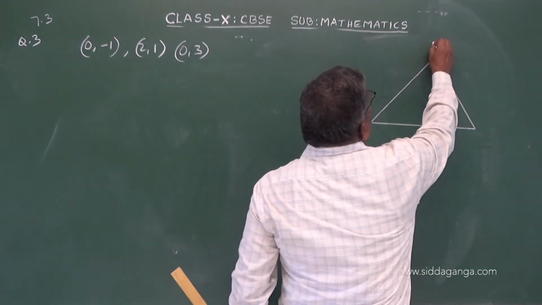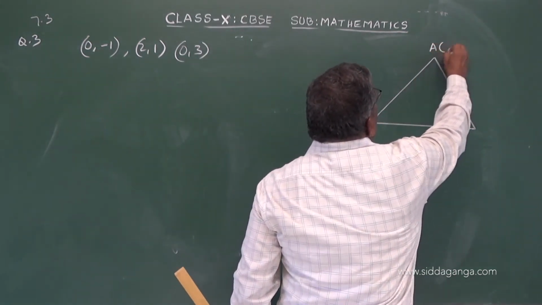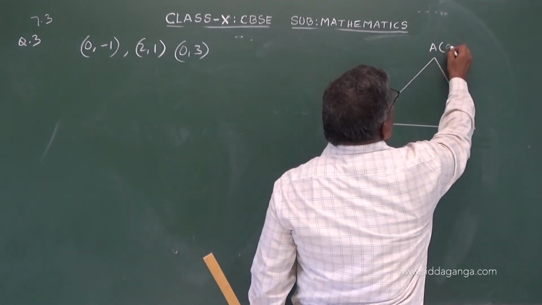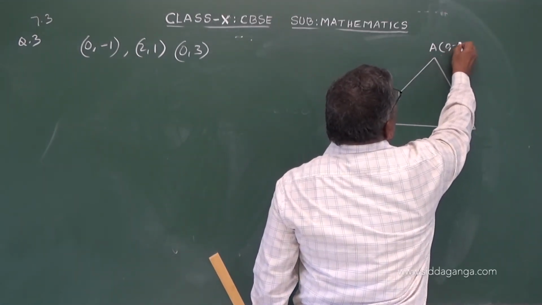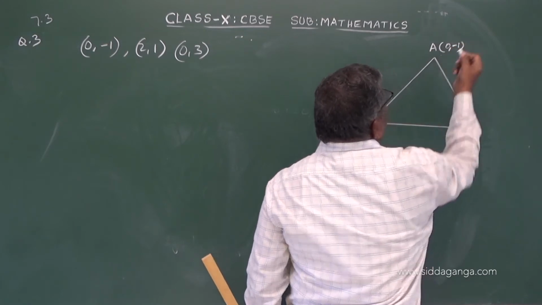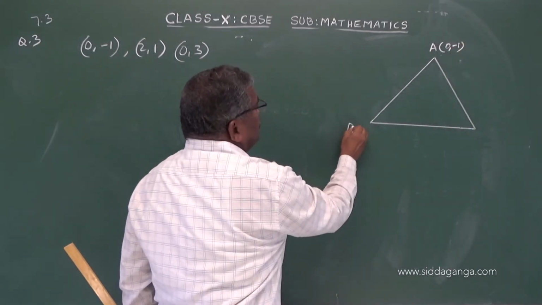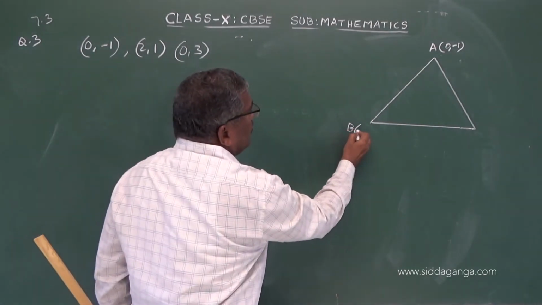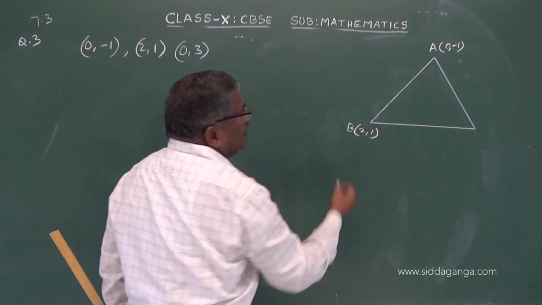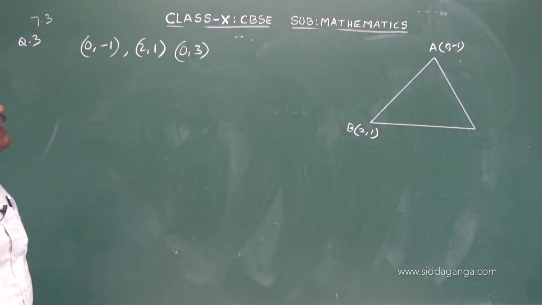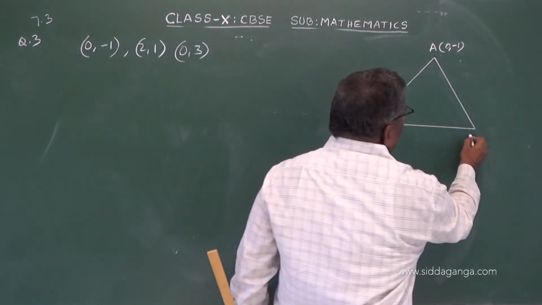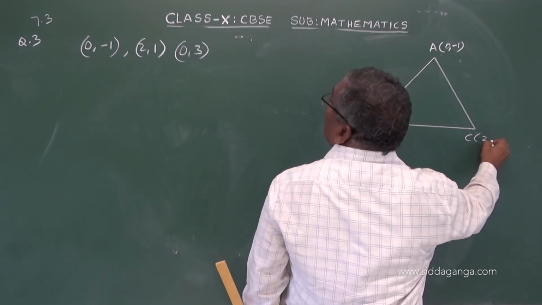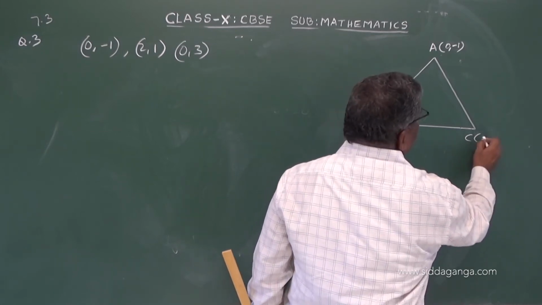So this is A, 0, minus 1, and this is B, coordinates 2, 1, and this becomes C, 0, 3.